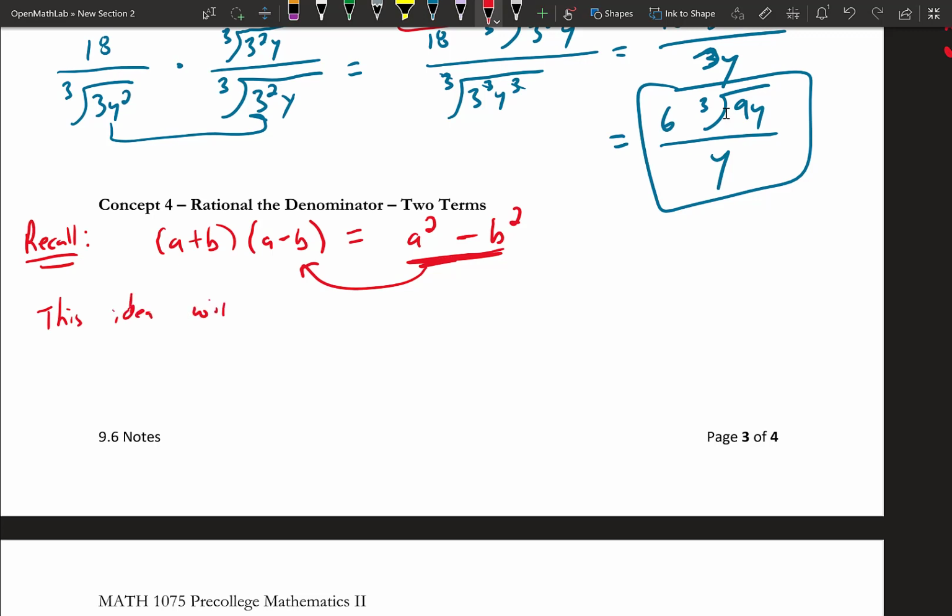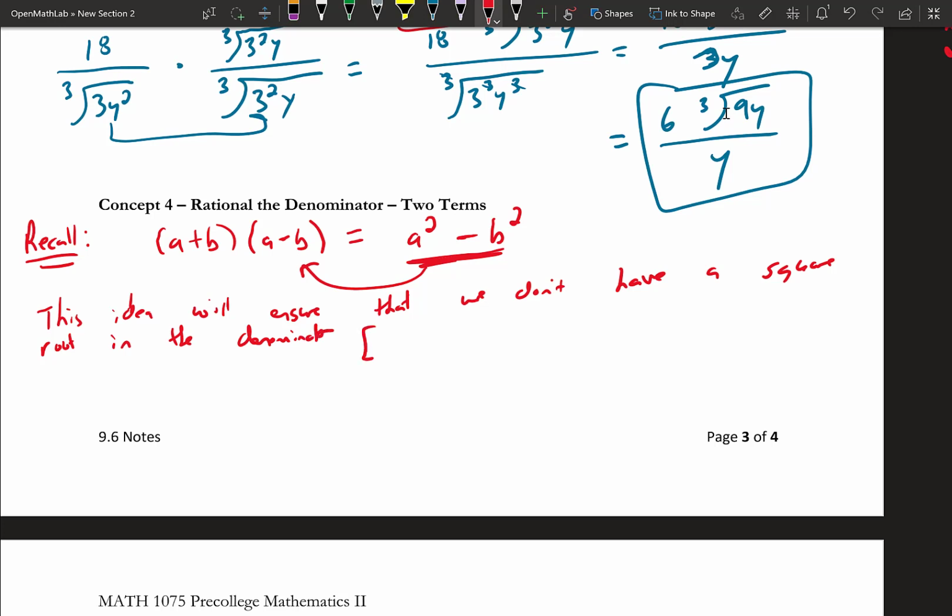So in other words, this idea will ensure that we don't have a square root in the denominator, right?